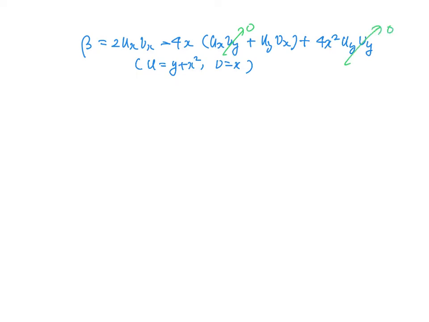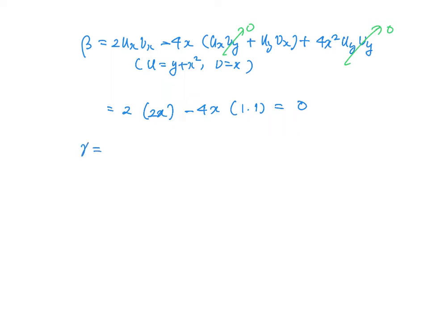So we have 2 times 2x minus 4x times u_y is 1, v_x is 1, right? It's 0. So beta is equal to 0. How about gamma?